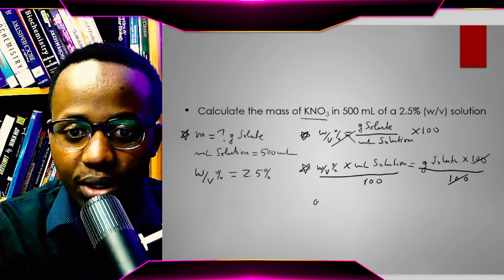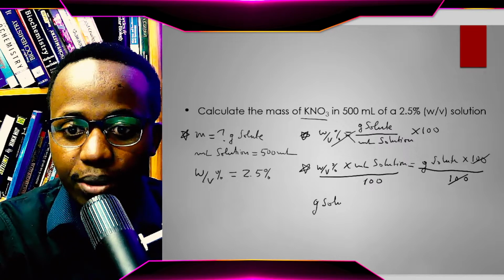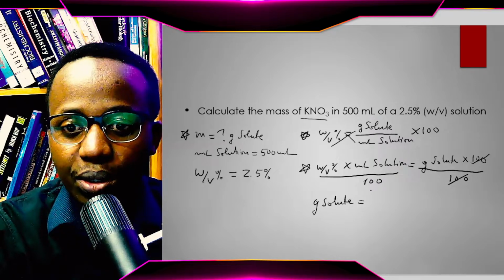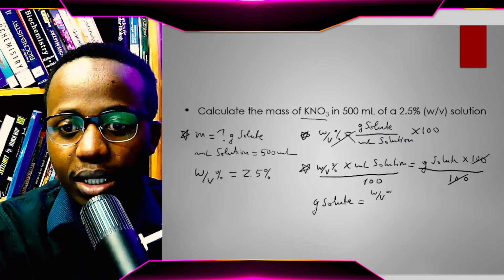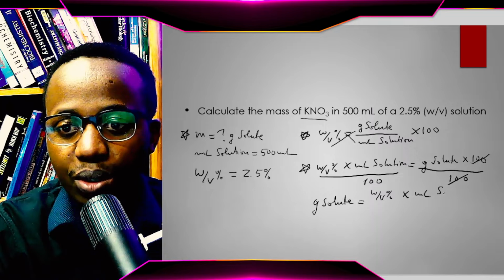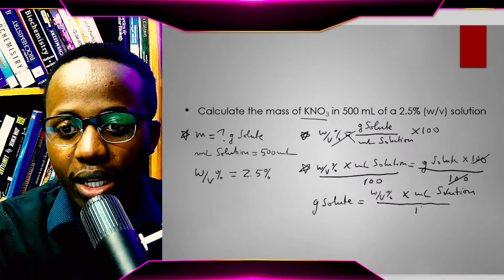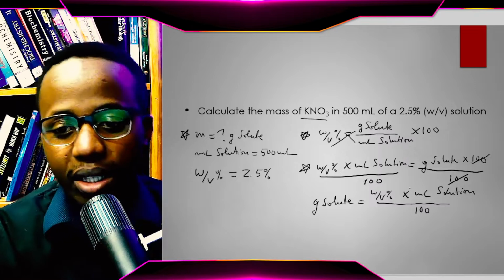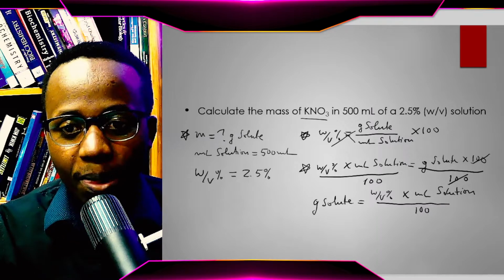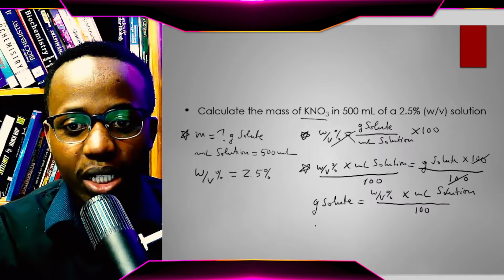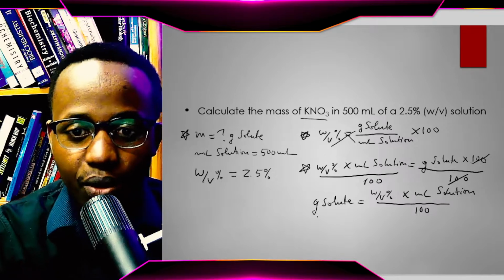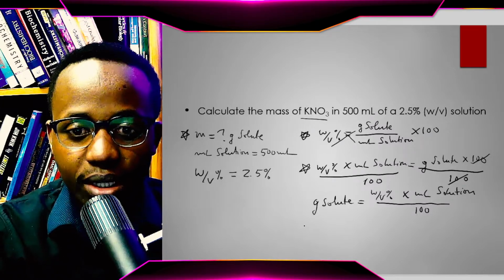So in the end, you say grams of solute is equal to weight per volume percent times ml of the solution over 100. Look at that. We got the formula for what we need. That's step 3.